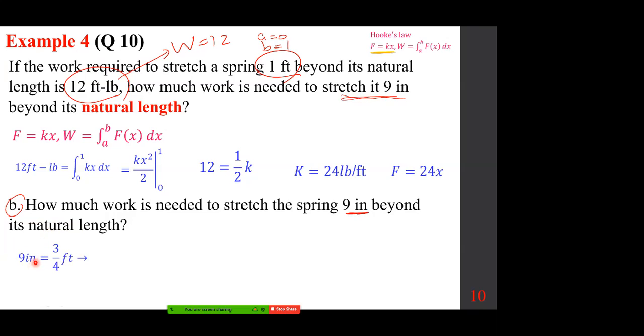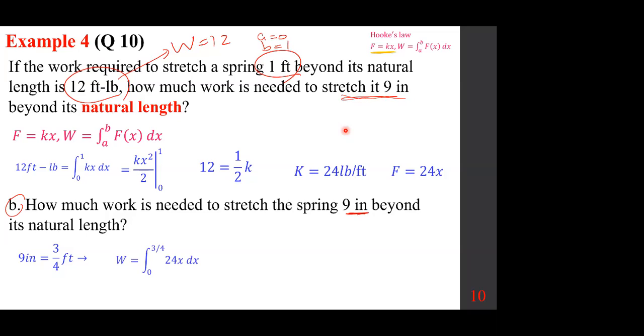Foot pound, remember that. For example, this was foot pound, 1 foot. So 9 inches must be changed accordingly. Now that we know that, we just do the math from 0 to 3/4.